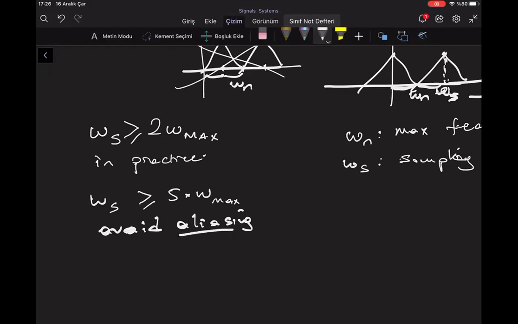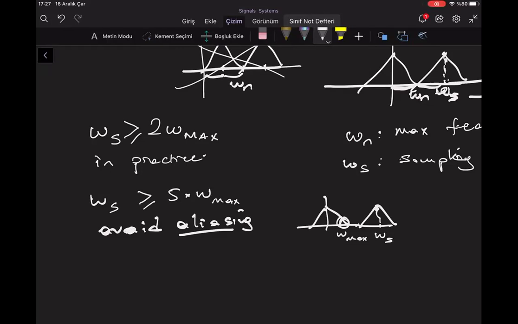What does avoiding aliasing mean? I will try not to lose the high frequency components by making sure that this omega S is more than omega max. Is it different than avoiding overlapping? Same thing.